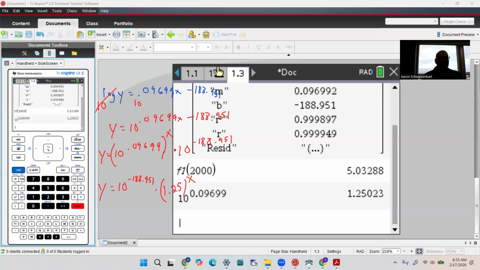And that's an exponential function. This a part in your standard y equals ab to the x is really, really tiny. But b is now kind of a normal number. Does that kind of make sense?